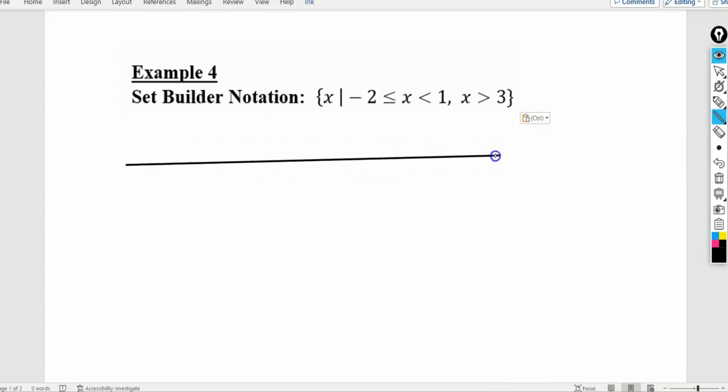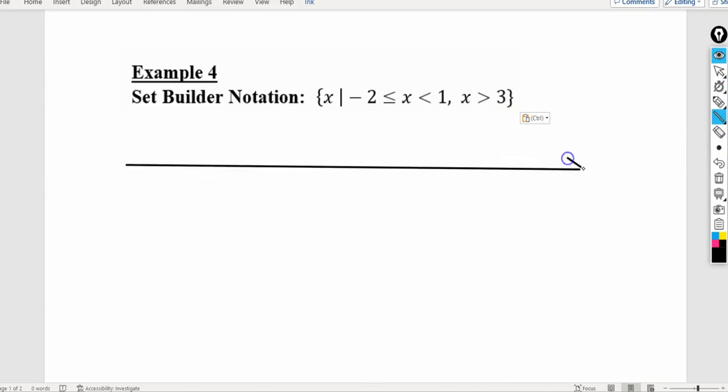Now, you can see there are 2 parts of this. Let's look at the first part. What would that look like? Well, we've just done it in the previous problem, in example 3.